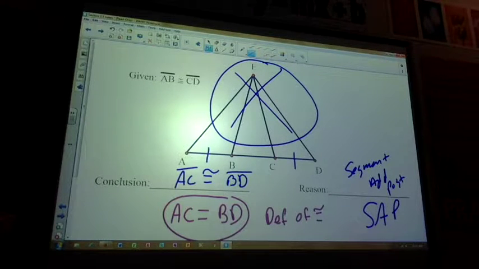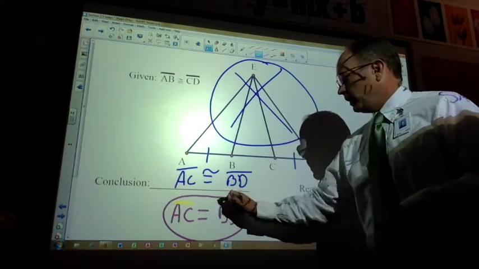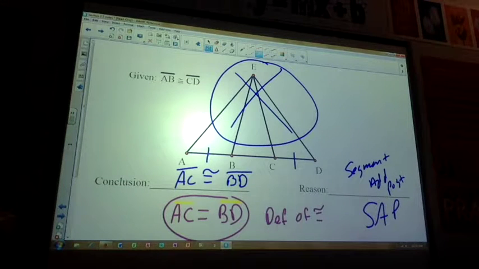Now, here is a question that I don't have the best answer for, but I'm going to put it in yellow. Does that mean the same thing? My opinion says yes, that segment AC is equal to segment BD should be the same thing as saying AC and BD.